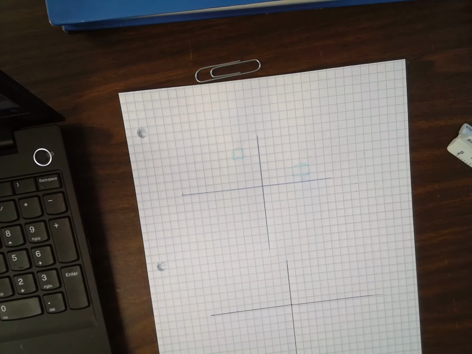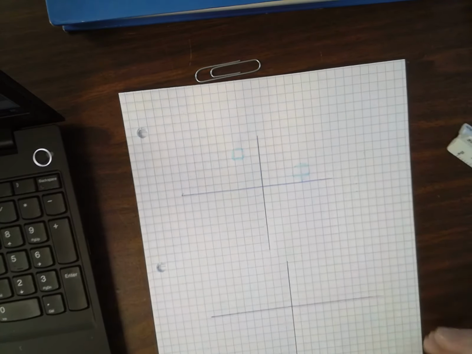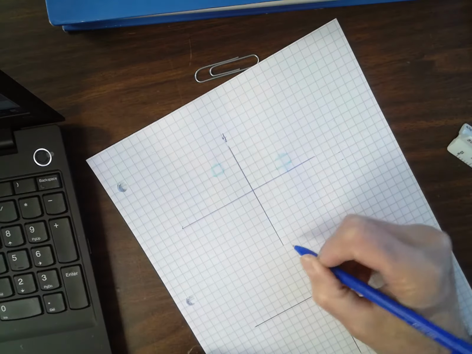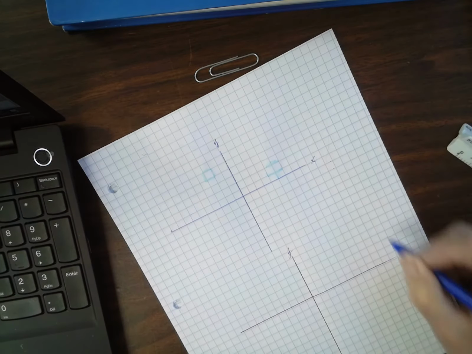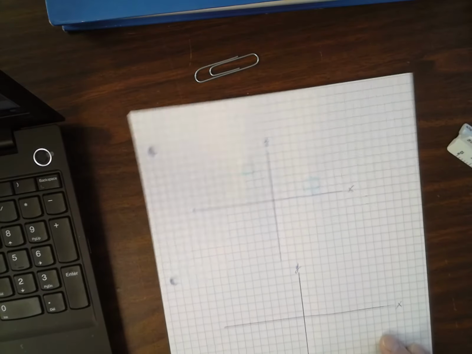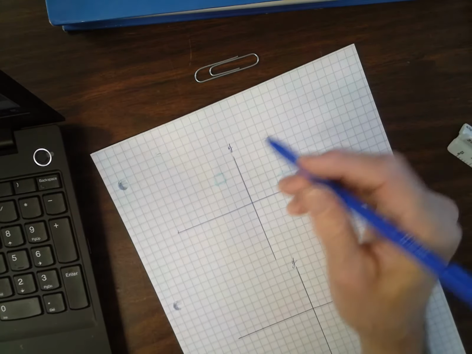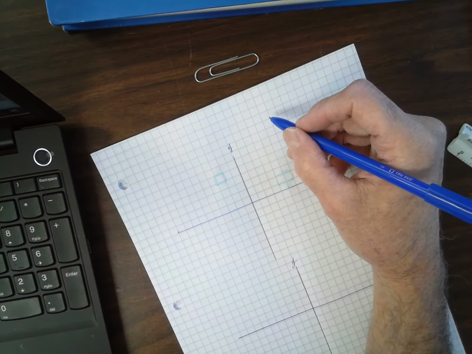So here are two coordinate planes. This is my y-axis. These are my x-axis. Now remember that a slope is positive or negative.